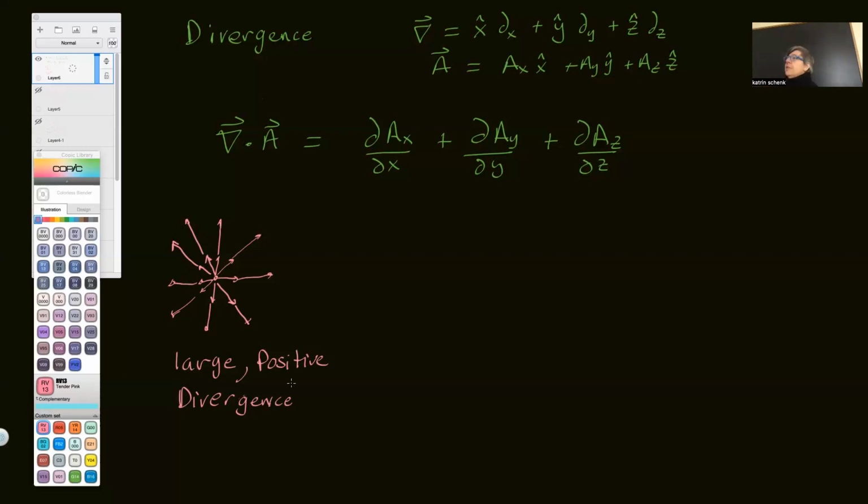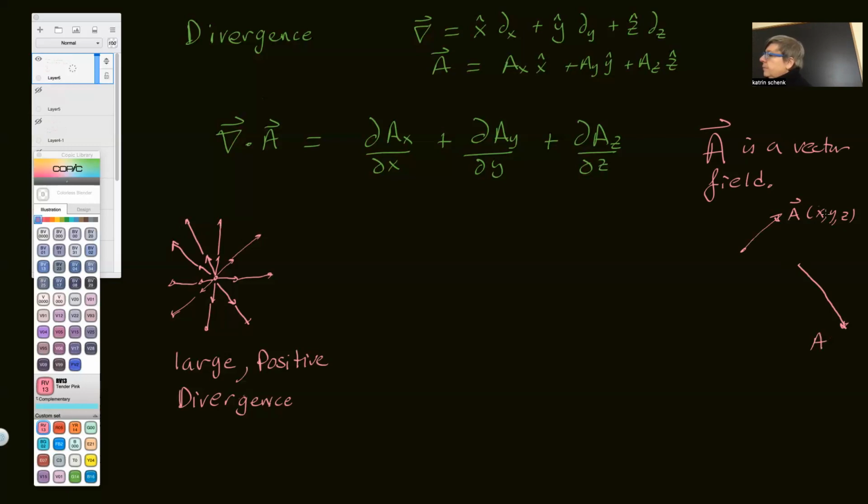So if you think about A as being a vector field, that means everywhere in space there's an A. There's one, A of x, y, z. And then I move over here, and there's maybe one that goes down here that's much longer.